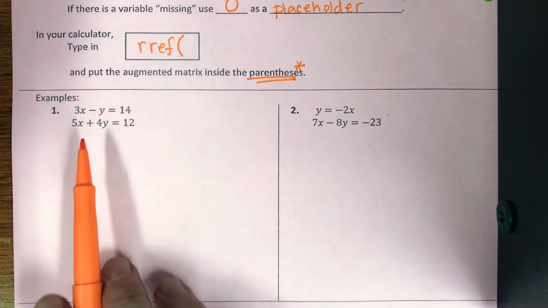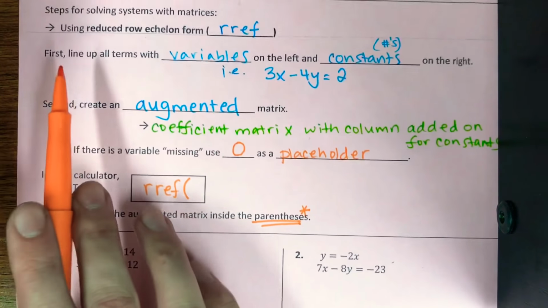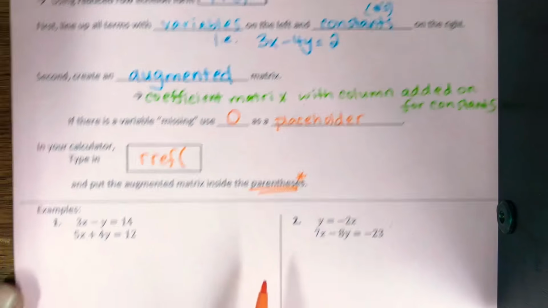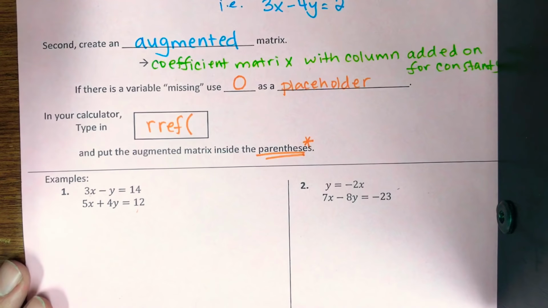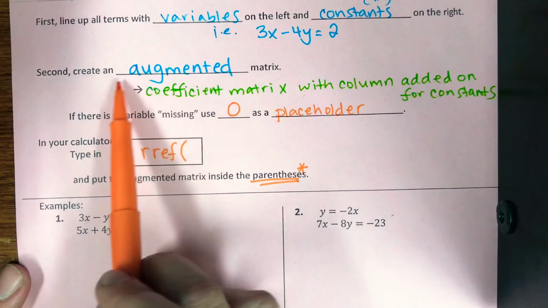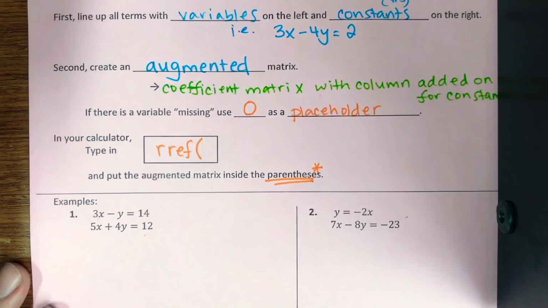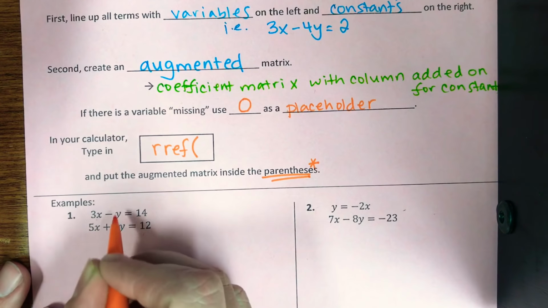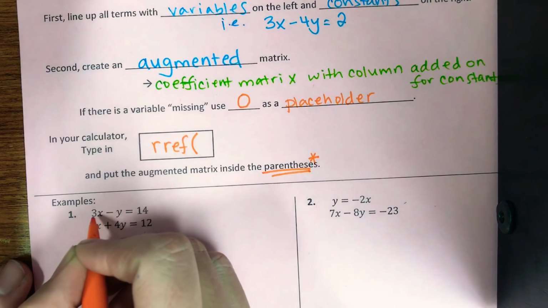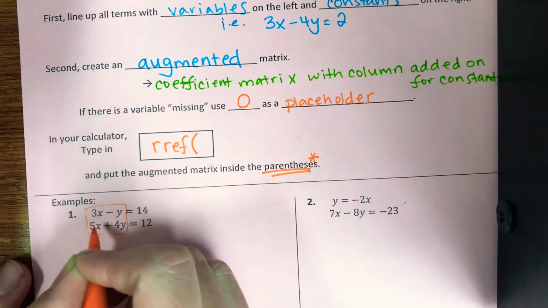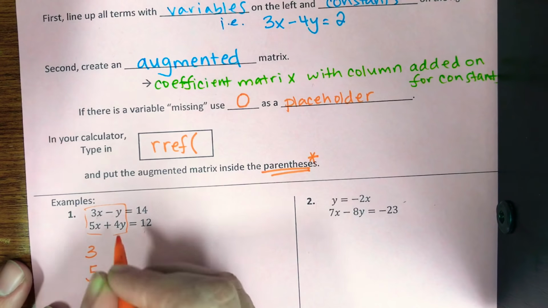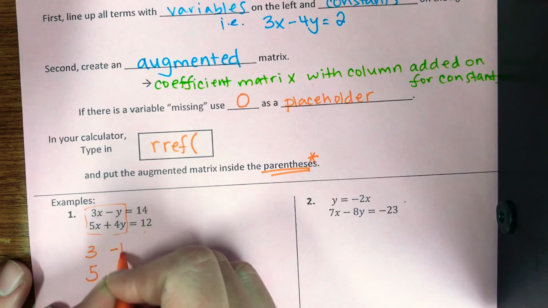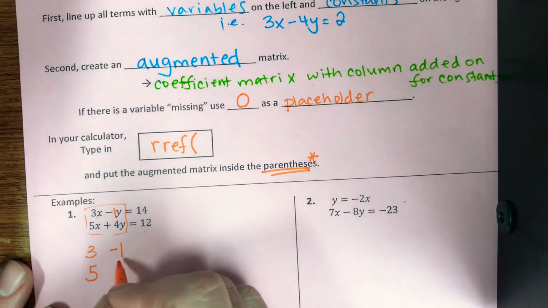Example 1, if we check, the first thing it said to do was to line up all the variables and constants. Well, x's, y's, constants. So this one's already lined up. Now I'm going to create an augmented matrix. I'm going to take all of the coefficients to start. So I've got 3, 5, this is a -1, and then I have a 4.